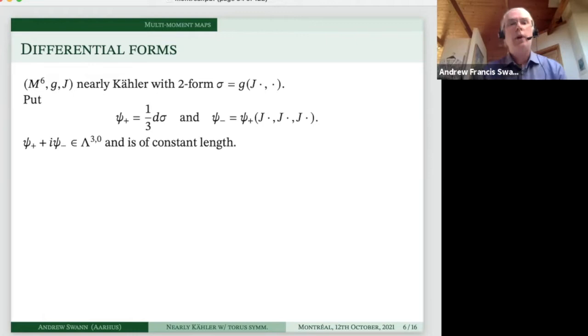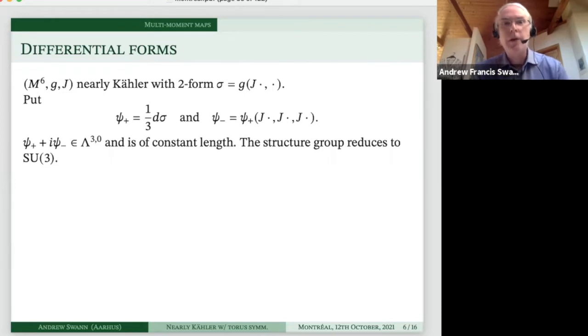So when you have a nearly Kähler manifold, this combination of psi plus plus psi minus gives you a 3-0 form, and it's of constant length. So this gives you a reduction of the structure group on the manifold to SU(3). The fact this is constant length is strongly tied to the fact that the metric ends up being positive Einstein.